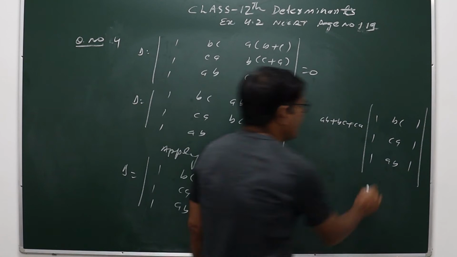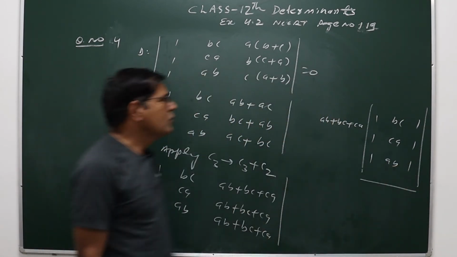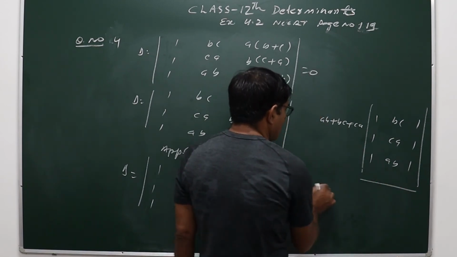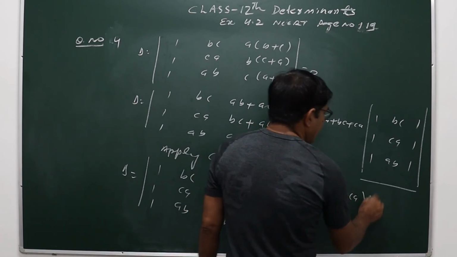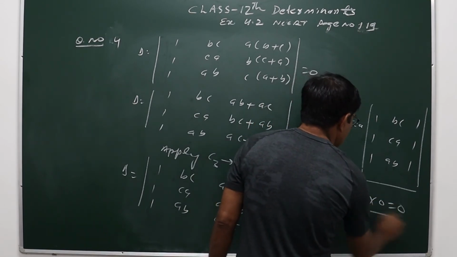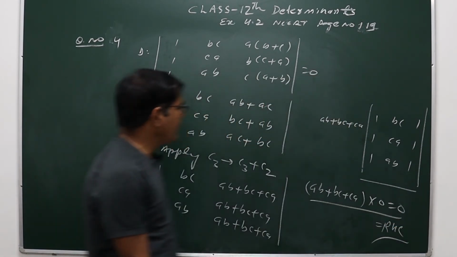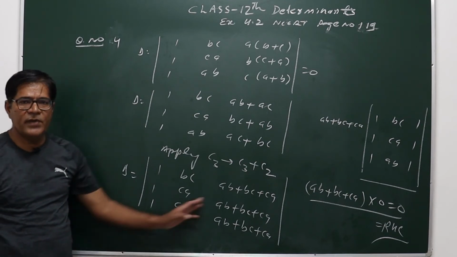Now see, in this determinant the first column and third column are identical, so the determinant will be equal to 0. So AB plus BC plus CA into 0 will be equal to 0, which equals the right hand side. So in this way we can prove the given determinant equals 0. Pause the video and note down.